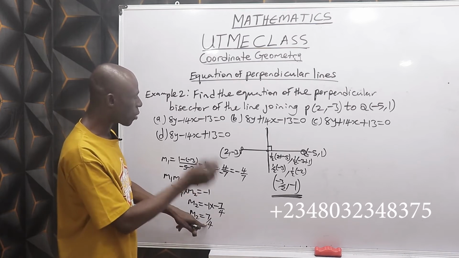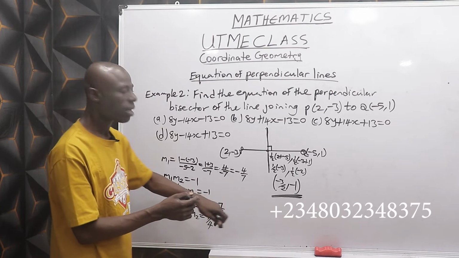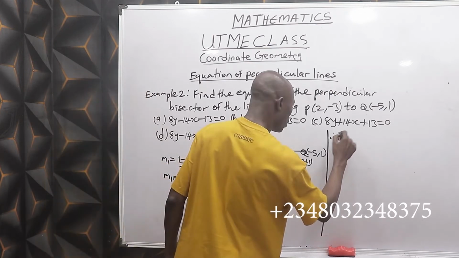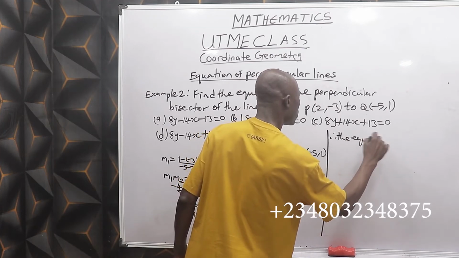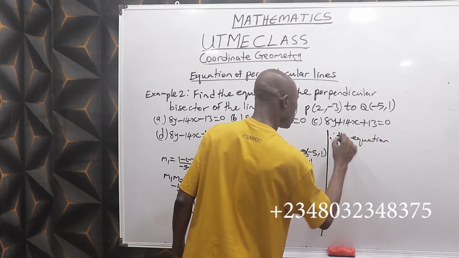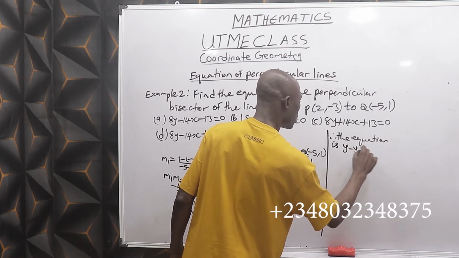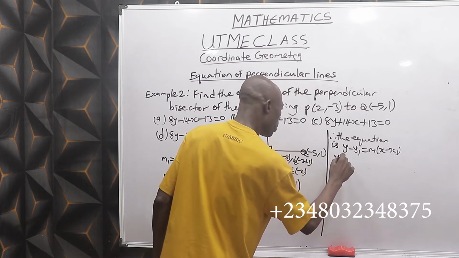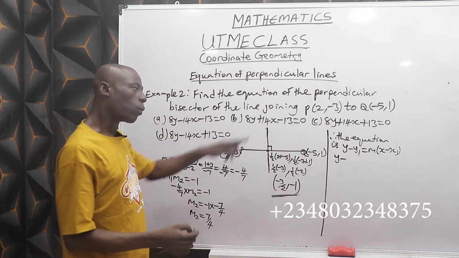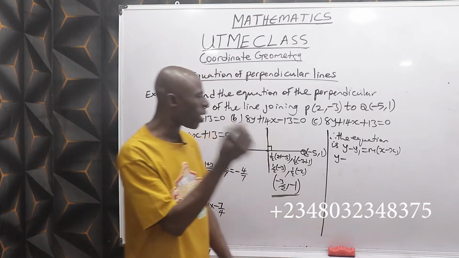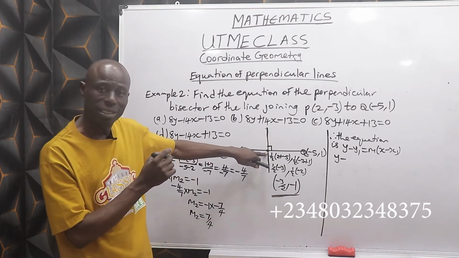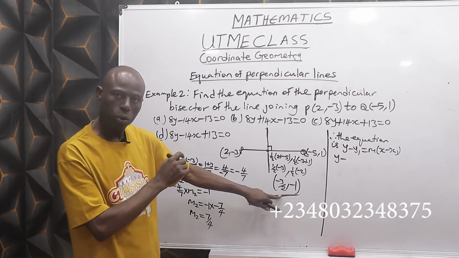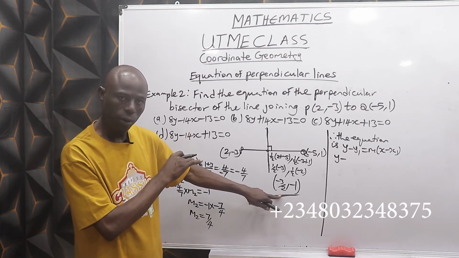And that perpendicular line is going to be through the midpoint because it is perpendicular to it and it is a bisector. Therefore, the equation is y minus y1 equals m into x minus x1. The equation we want to form here is the equation through the midpoint. The midpoint is this. That's why I've taught you the midpoint coordinates before now.